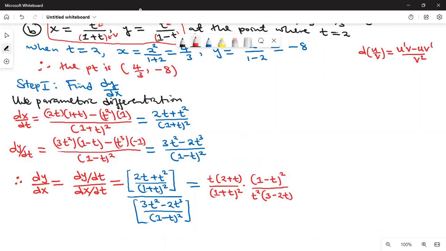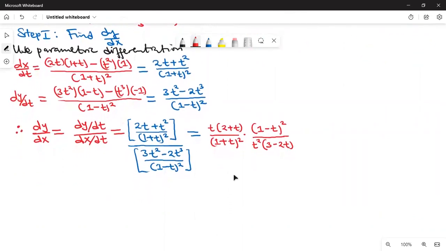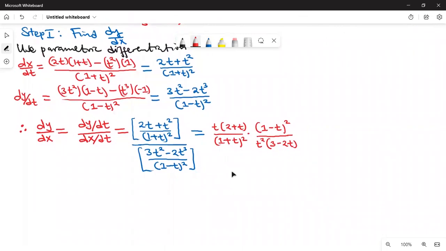And you can see one of the t will cancel. You can factorize, you can simplify that.